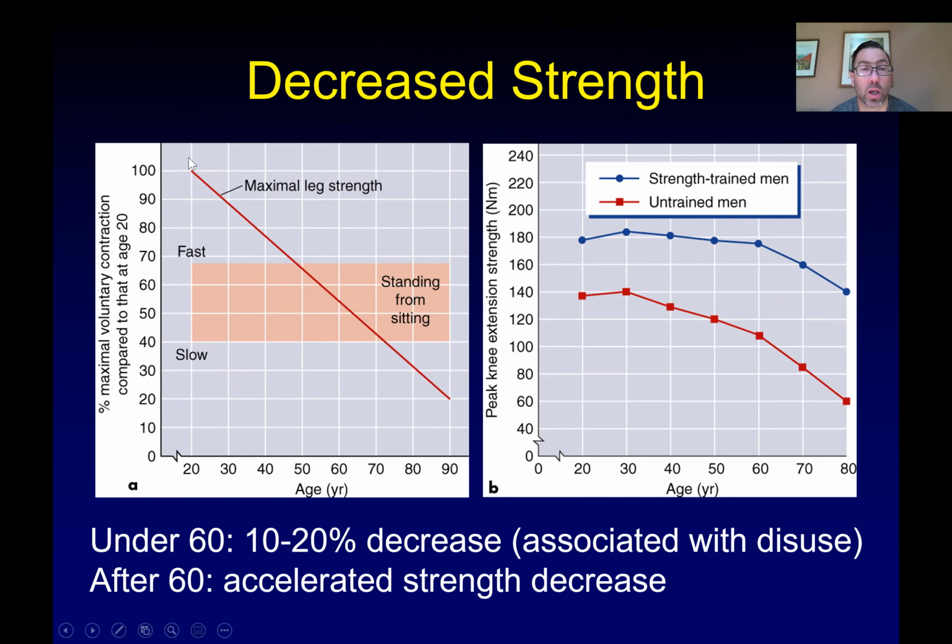If we had you do squats, most people tend to be their strongest in their early 20s, say 18 to 25, where you guys are right now. You're probably about as strong as you're ever going to be.